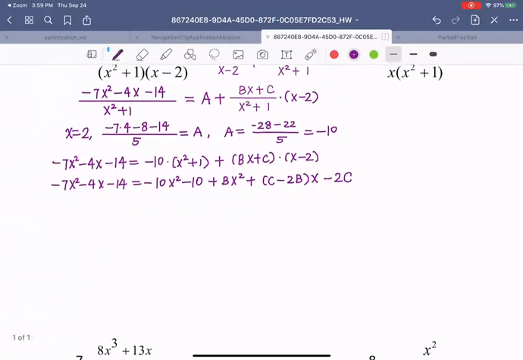So we take care of the second order term. -7 equals -10 plus b, so b equals +3.